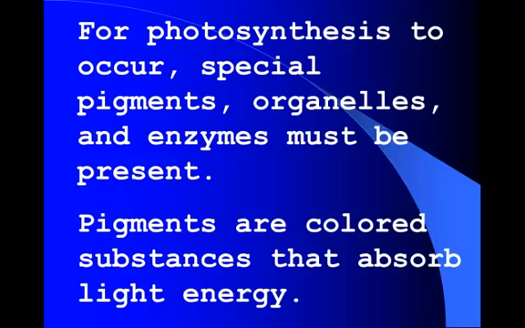The reds and the yellows and the oranges. Those were all in the leaf. You just couldn't see them because they were masked by so much chlorophyll. But all these pigments have the job of absorbing light energy. So even the reds and yellows and all the other colors, not just green.